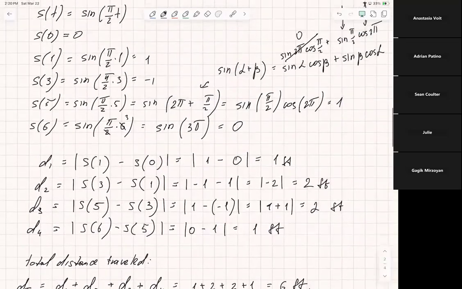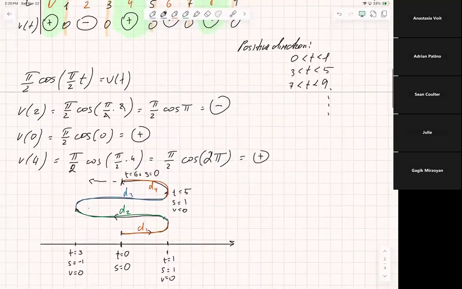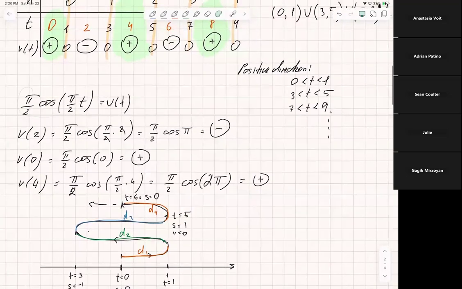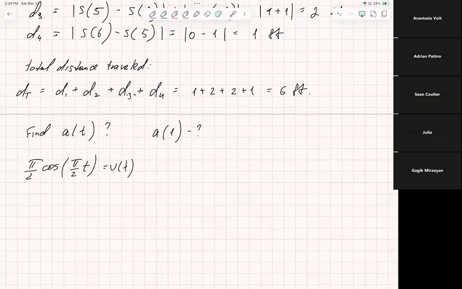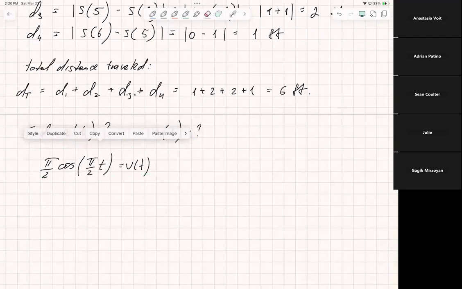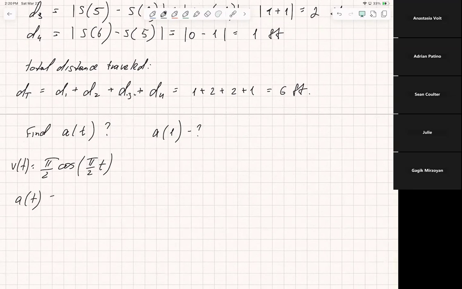So let's go back to see what was our velocity function. So that's this one. Copy. All right. So this is our velocity function. So to find the acceleration function, we need to take the derivative of the velocity function, right? So that's the first derivative of velocity function, or the same thing as second derivative of the position function.